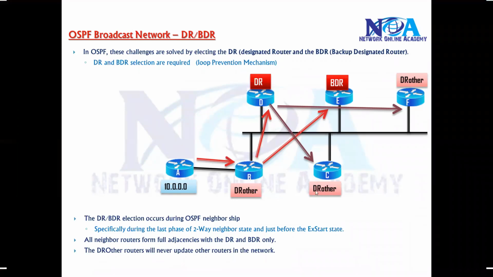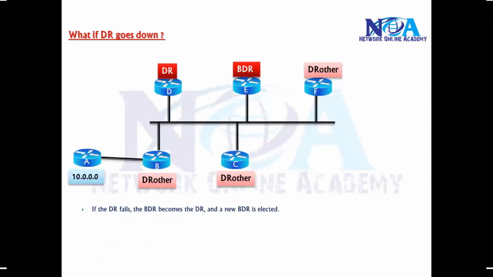So this is the process it is going to follow to elect. This is an automated process. We can still decide by changing the priority values. We'll talk about that. But what if the DR goes down? Maybe due to some reason the router goes down or the interface goes down or some problem with the DR router.